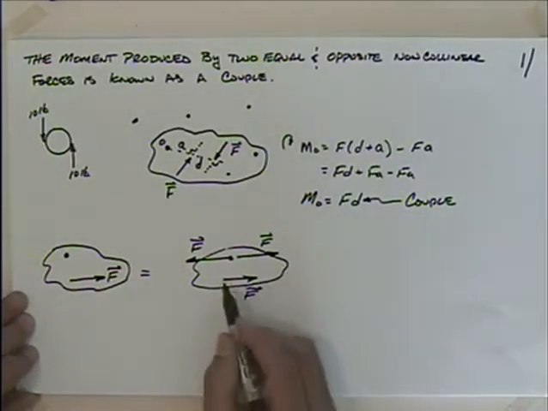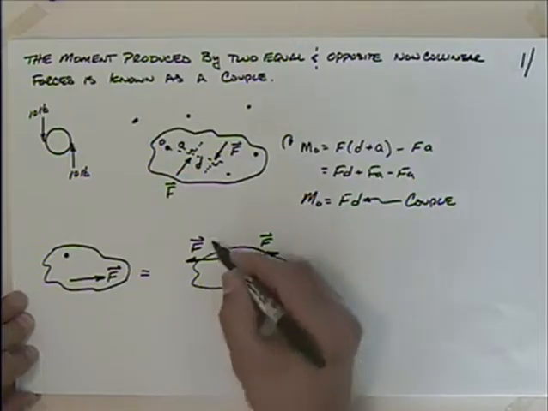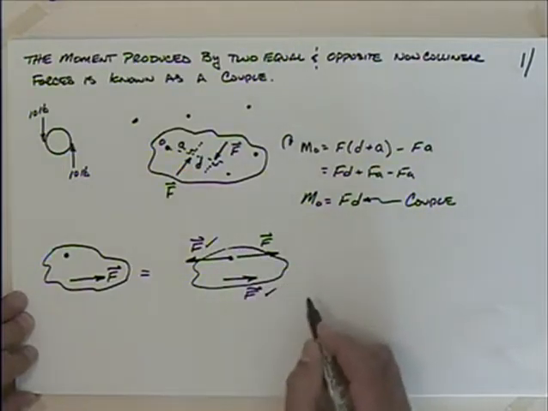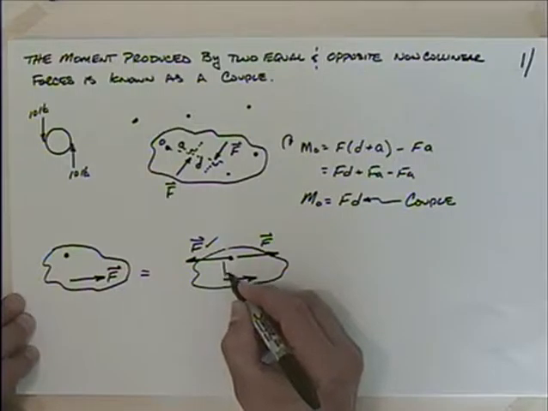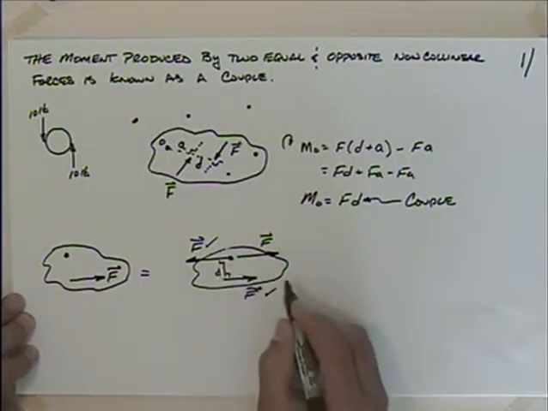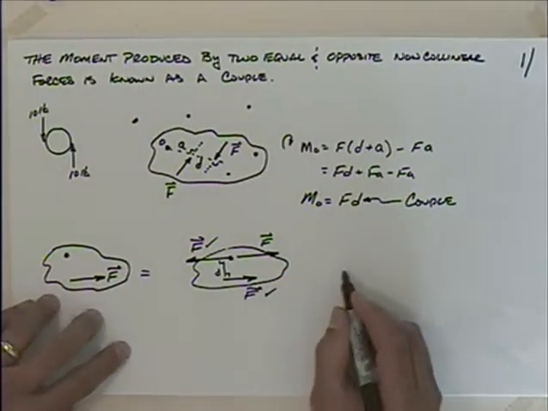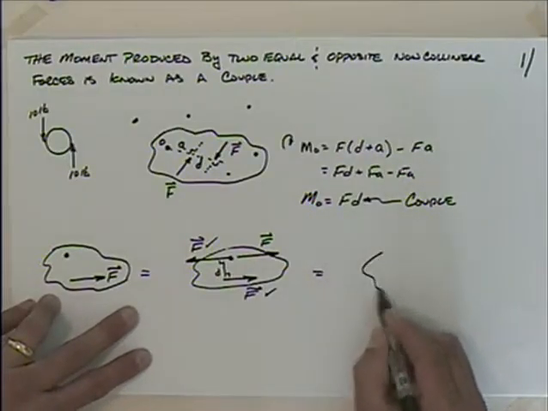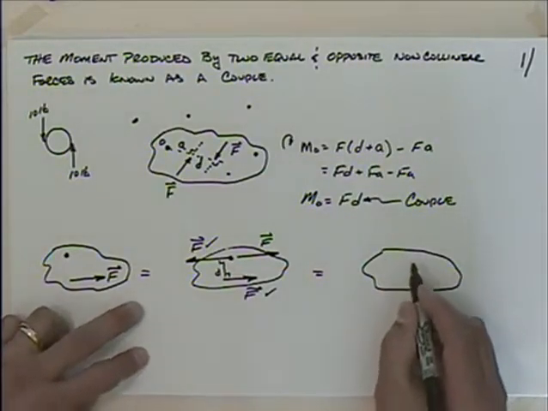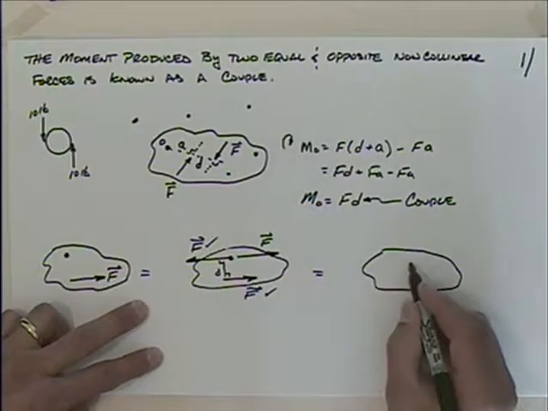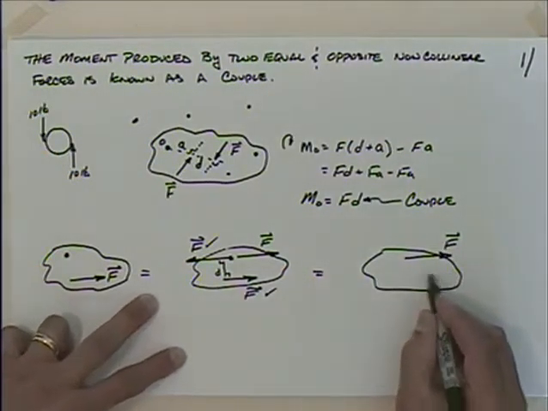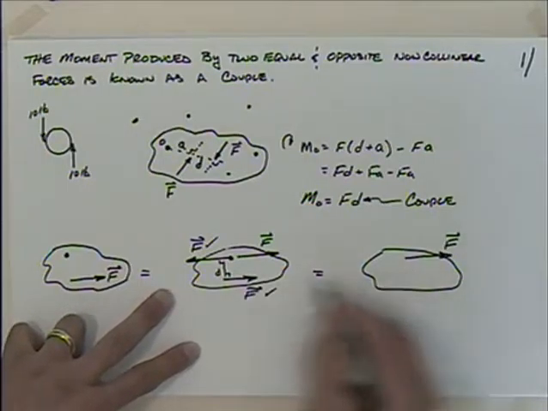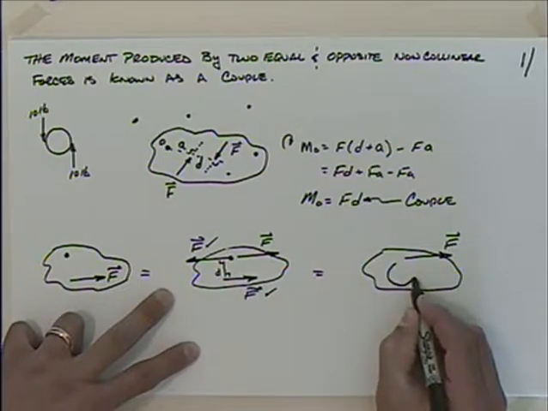Now, what I've done here is if I look at this one here and this one there, that's two equal and opposite forces. And if they have some perpendicular distance, let's say d between those, I could reduce this and say that this is the same situation as a body that has this remaining force, F, left, and a couple moment. It's going to be clockwise here.